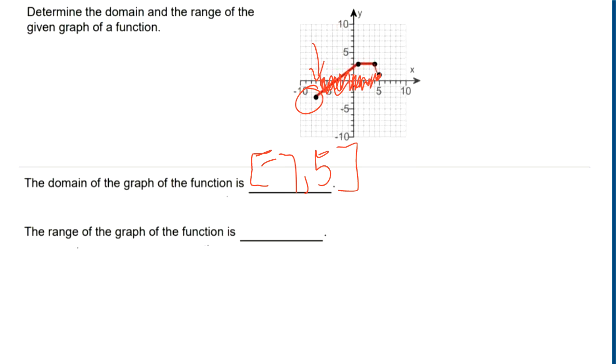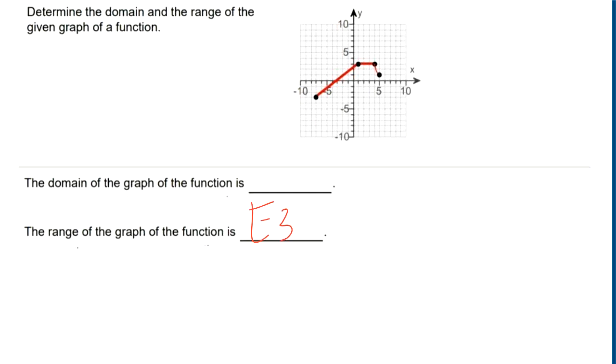Okay. So now the range is your y coordinates, all the y numbers that you use. So we need the lowest first. So we go to the lowest, and I think I said it was -3. 1, 2, 3 looks like -3. So that's my lowest.